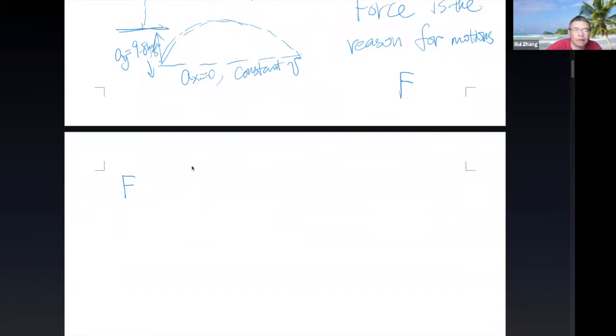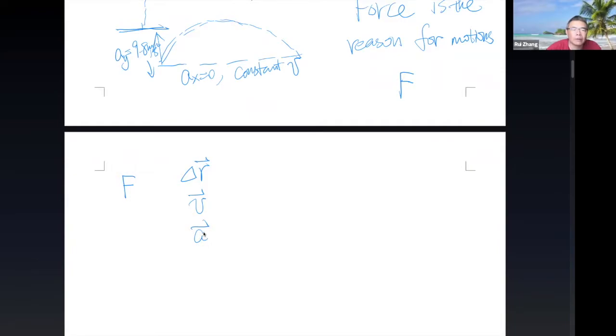Because saying force is the reason for motion essentially means that we want to make a connection between this quantity and all these previous quantities that we learned from kinematics.